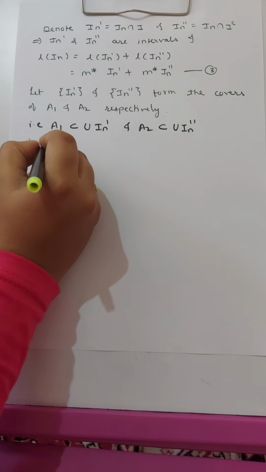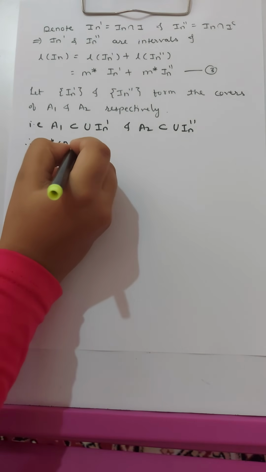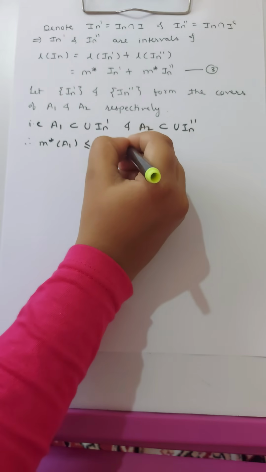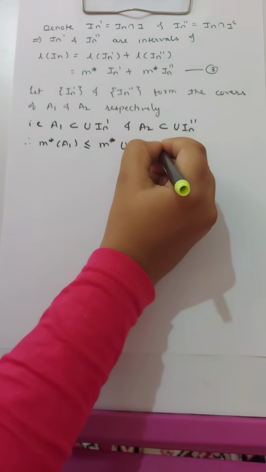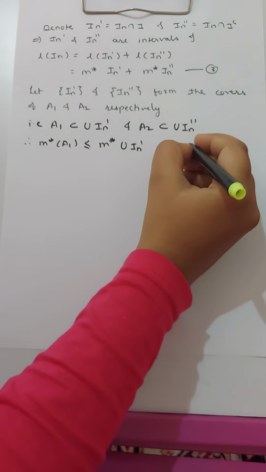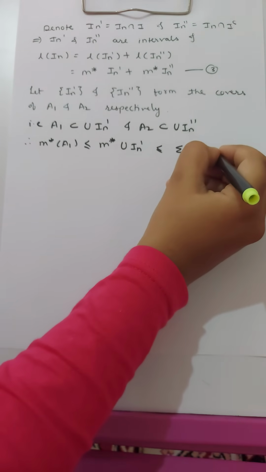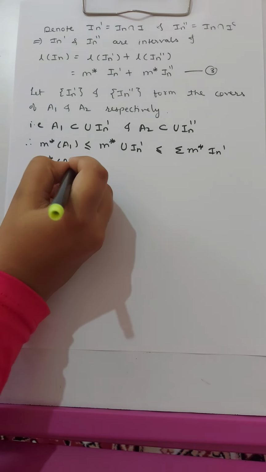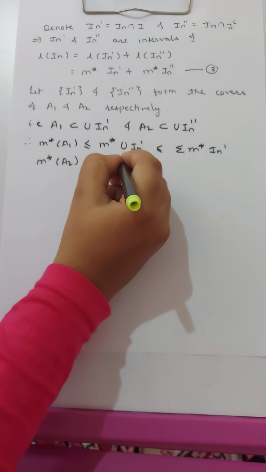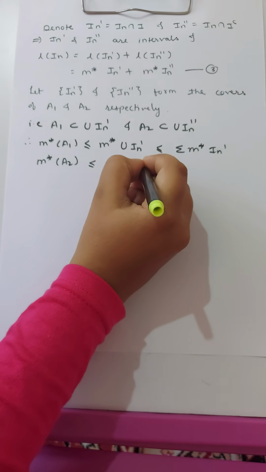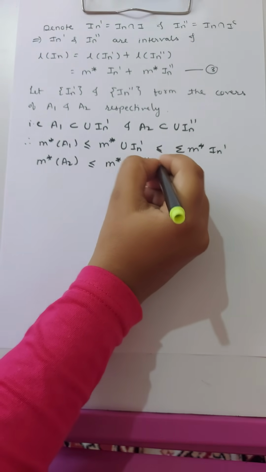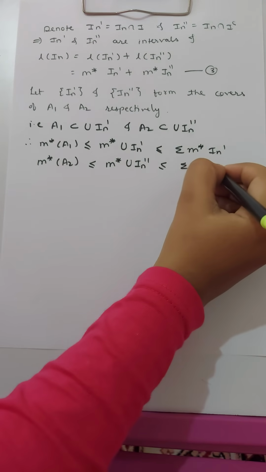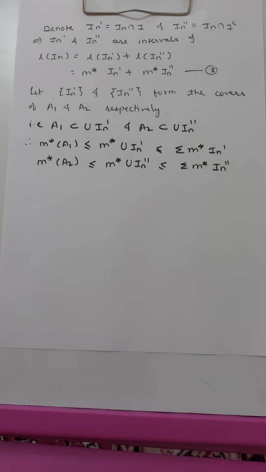Therefore outer measure of A1 is less than or equal to outer measure of union In dash, which is less than or equal to summation outer measure of In dash, and similarly outer measure of A2 is less than or equal to outer measure of union In double dash, which is less than or equal to summation outer measure of In double dash.